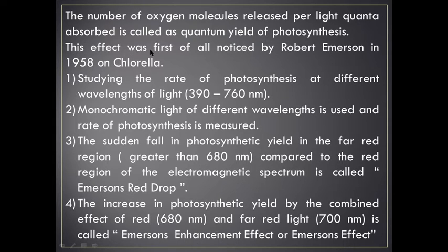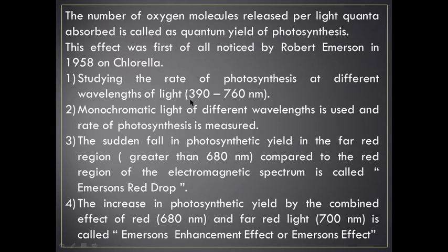This effect was first noticed by Robert Emerson in 1958 on Chlorella. Chlorella is an alga. He studied the rate of photosynthesis at different wavelengths of light, that means from 390 to 760 nanometer.